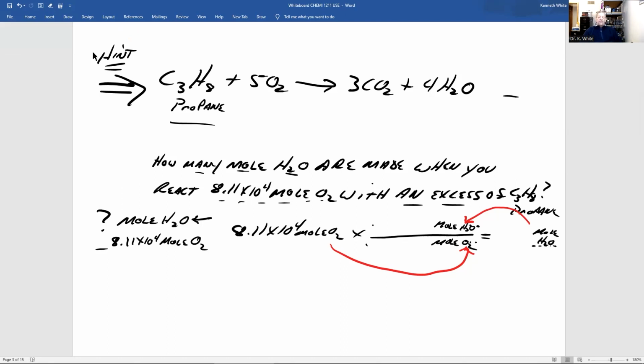Again, what numbers go with moles of oxygen and moles of water? Your turn.